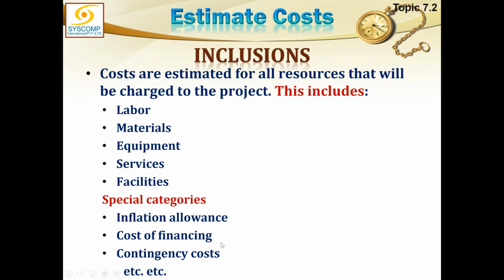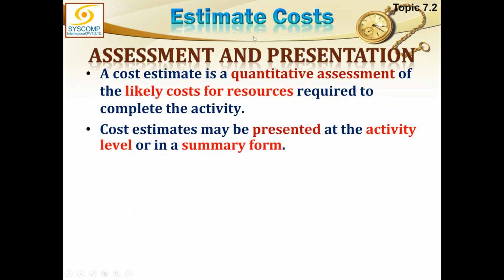All this must be considered. So when you are estimating, consider each and everything which will cost. Assessment and presentation: a cost estimate is a quantitative assessment of the likely cost for resources required to complete the activity, and may be presented at the activity level or in a summary form, as I just said.